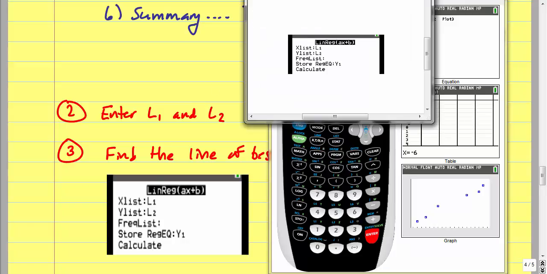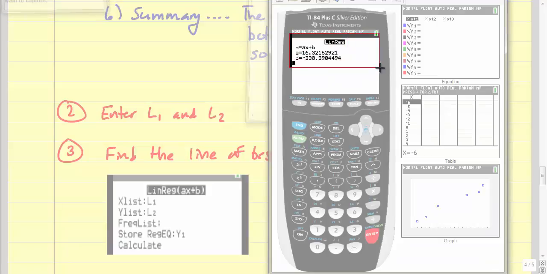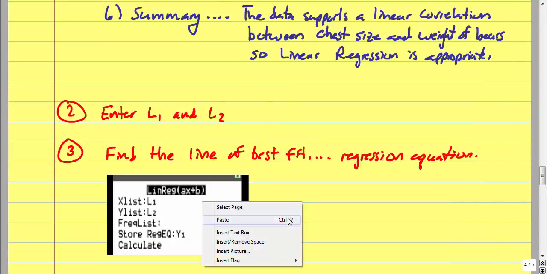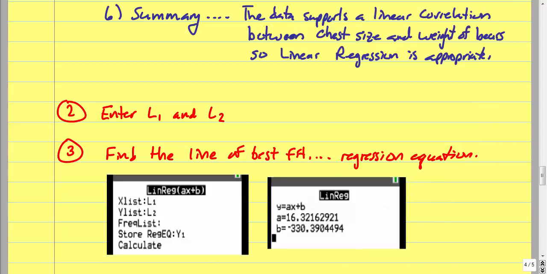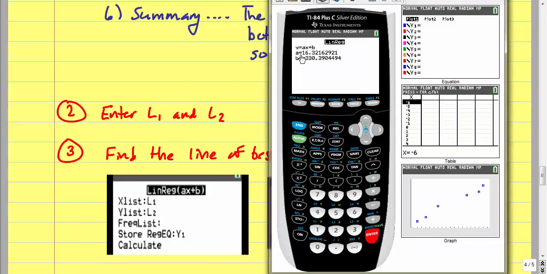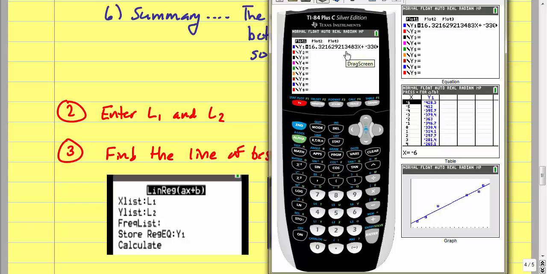Not only is this my regression equation, but it has been entered automatically for me in my Y equals. So this is my ax, this is my slope, this is my y-intercept. I should be able to come over here to Y equals and see that 16.32 and the negative 330, and it carries it out much further, of course, for my line plot here. Now if I want to see what this regression line looks like on my scatter plot, I would just hit graph, and here is that regression equation right here. So this is what it looks like visually.